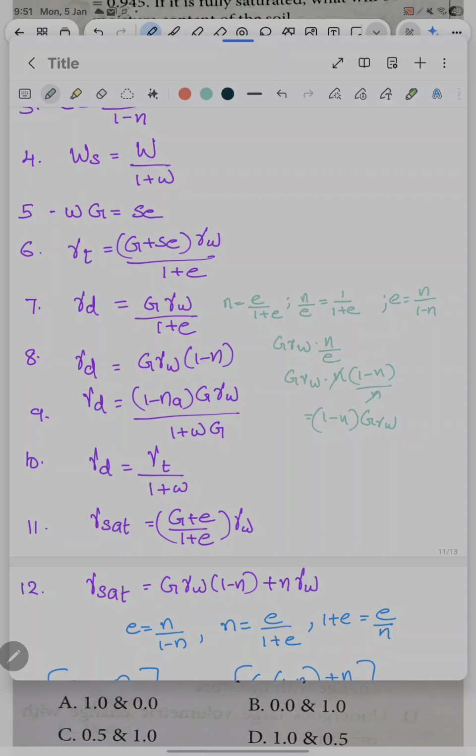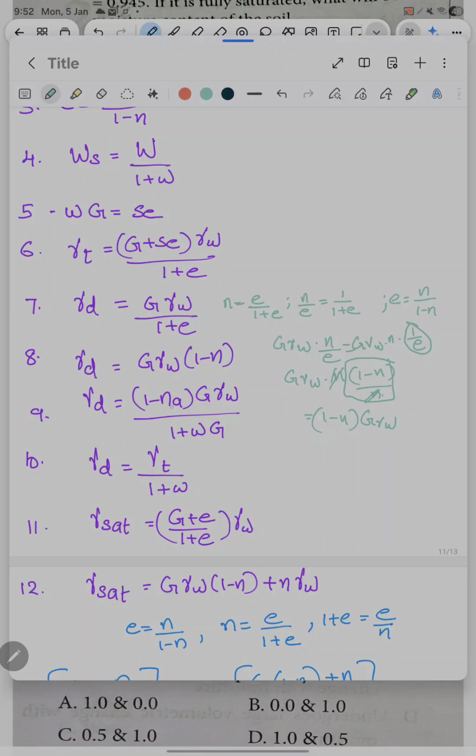So we know e is equal to n by (1 minus n). So 1 by e is (1 minus n) by n. Here this n and G gamma W, these two get cancelled. The remaining is (1 minus n) into G gamma W. So the dry unit weight is G gamma W into (1 minus n) in terms of n.